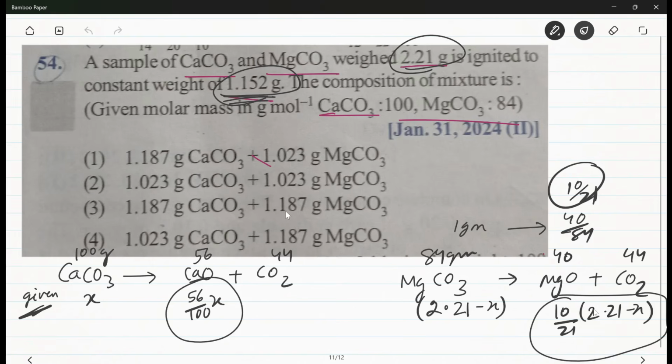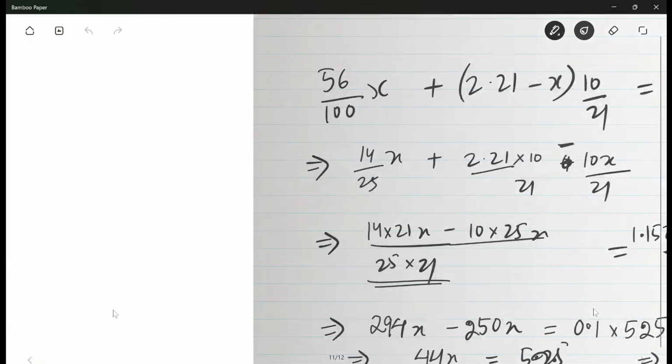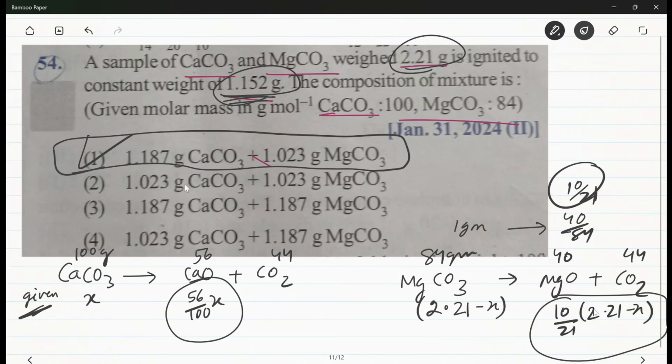Nearest options are there. 1.18 means more will be CaCO3, less will be MgCO3. Option 1, is it? Look, both cannot be the same because the total mass is different, right? If you add up, you will not get 2.21.